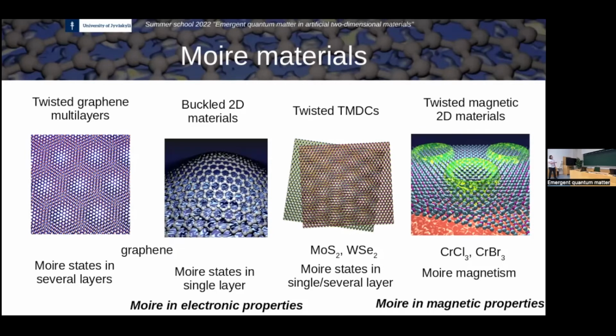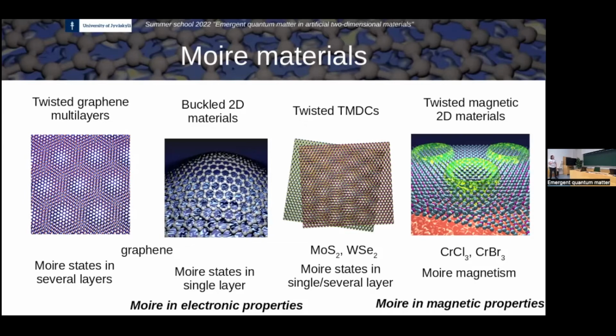And then, of course, apart from correlated states and Moiré states in twisted multilayer graphene, we can also have very similar physics in other twisted van der Waals materials that are semiconducting, in particular in transition metal dichalcogenides. These materials include, let's say, MoS2, MoSe2, tungsten disulfide, tungsten diselenide, and so forth. Essentially, you can combine different two-dimensional semiconductors on top of one another and also create different Moiré electronic states.